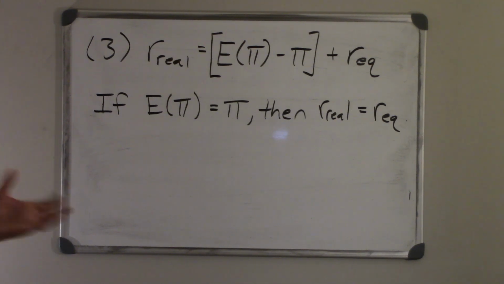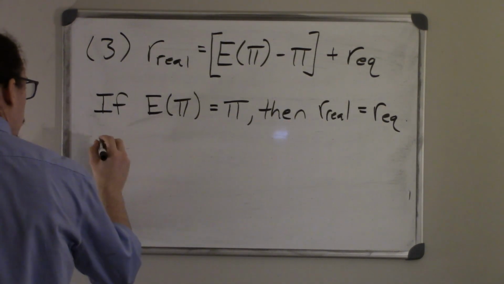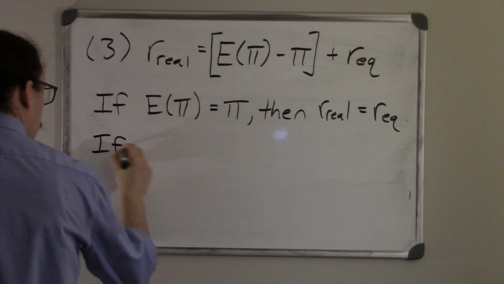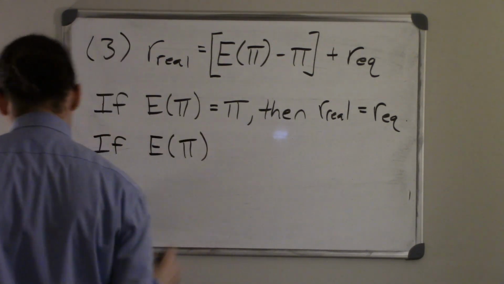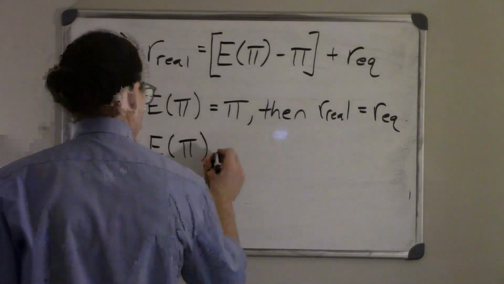All right, so if the predictions about inflation are correct, then the lender is going to receive that equilibrium rate and the borrower is going to pay that equilibrium rate as the real rate. All right, so that's kind of the best case scenario. All right, nothing gets moved around in a way that people weren't expecting.